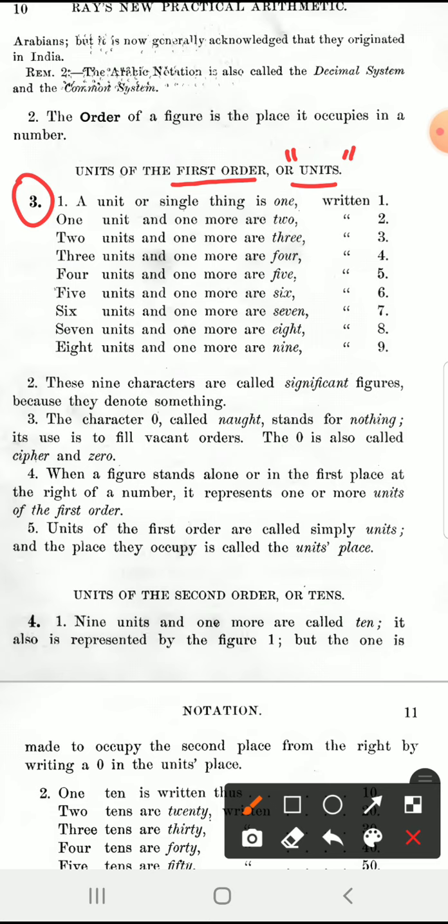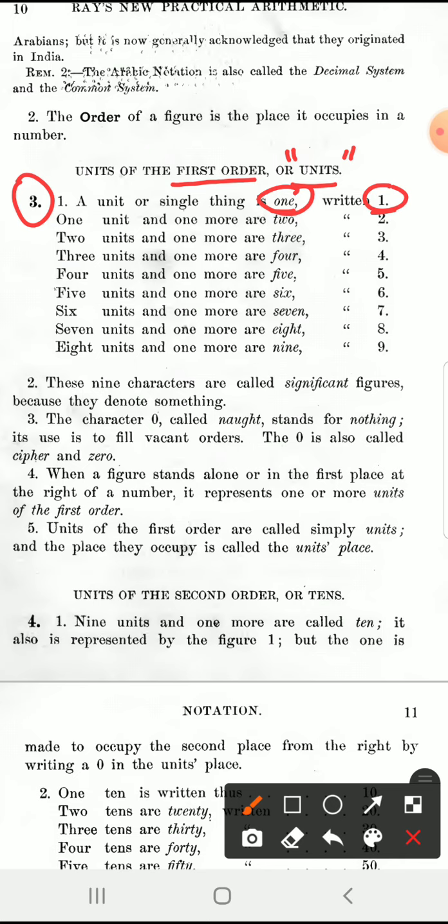Point number 1 under Article 3, we read, a unit or single thing is called one and is written 1. Now, here we see how to express the unit with a word.